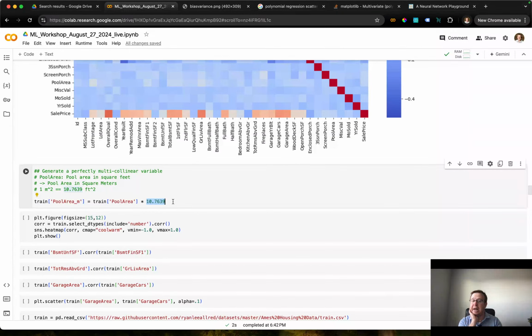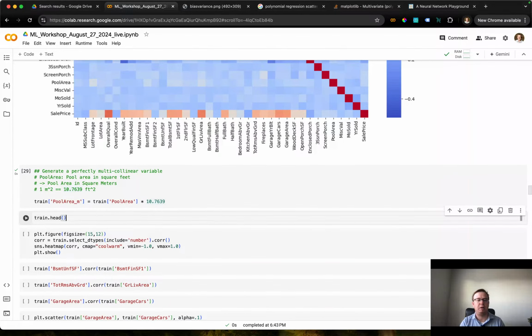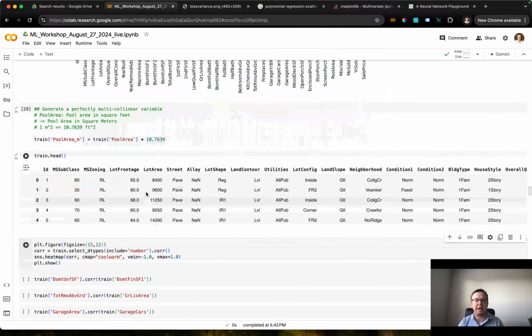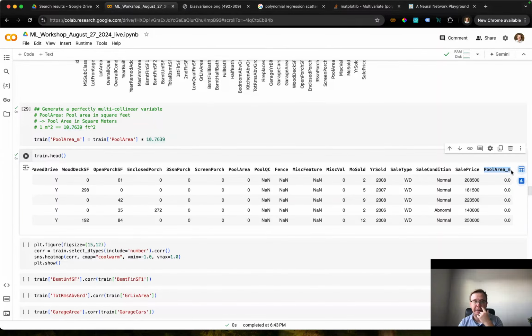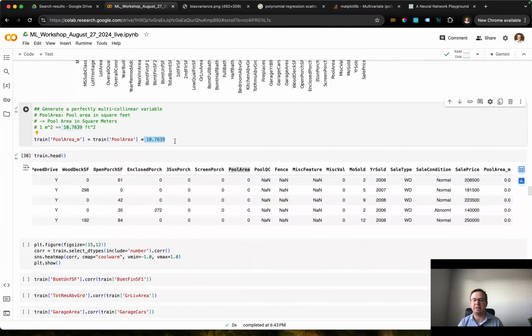A meter squared is 10.7639 square feet. If I leave both of these columns in my data set, pool area M is the column I just made, and pool area is the first column. They're different by a constant factor.